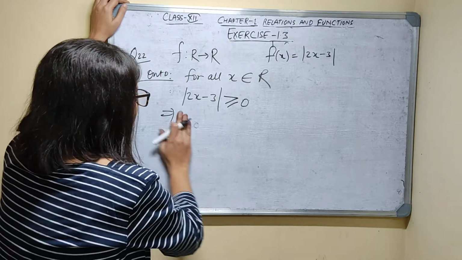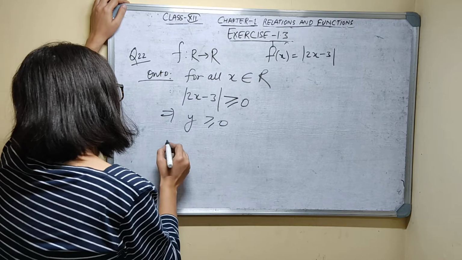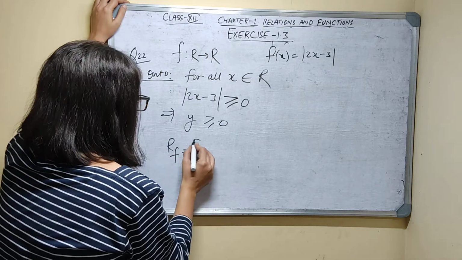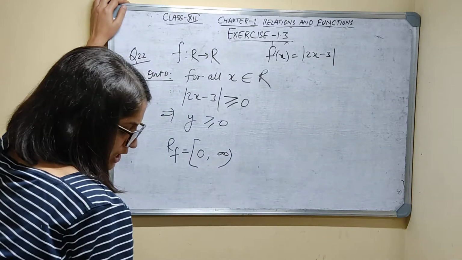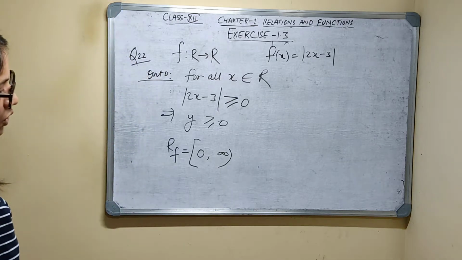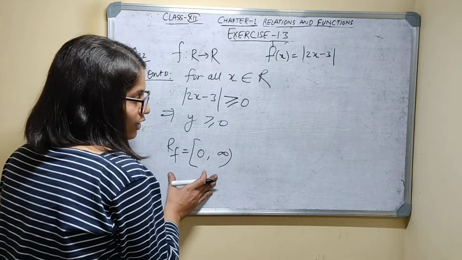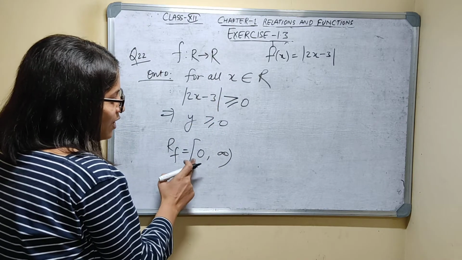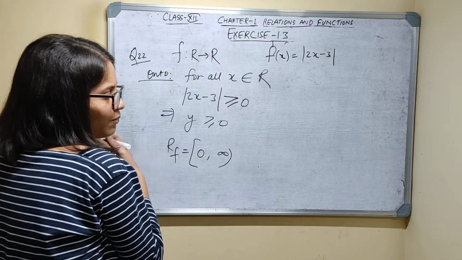this mod of 2x minus 3, is y, where y is greater than or equal to 0. So the range is [0, infinity), where 0 is included, and infinity we can't touch. This [0, infinity) is a proper subset of R. Full real numbers are not there, only from 0 to infinity. Real numbers can be negative also, so many numbers are there.